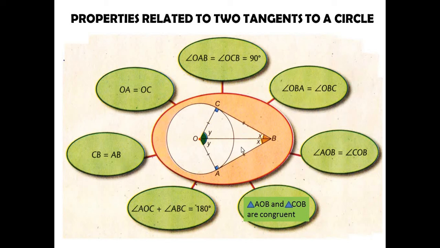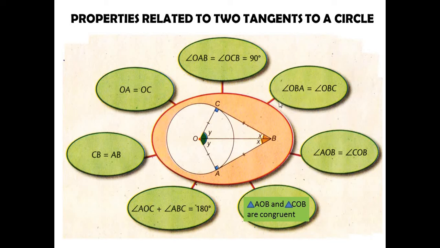These two lengths are equal. OA equals OC. Okay, the radii are equal. Angles OAB and OCB are 90. This is the intersection between the radius and the tangent.